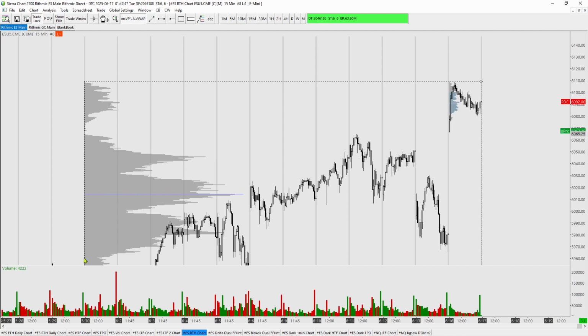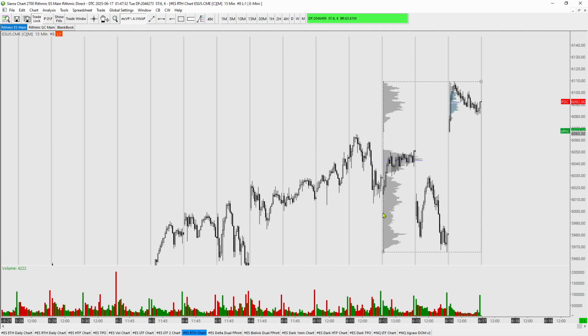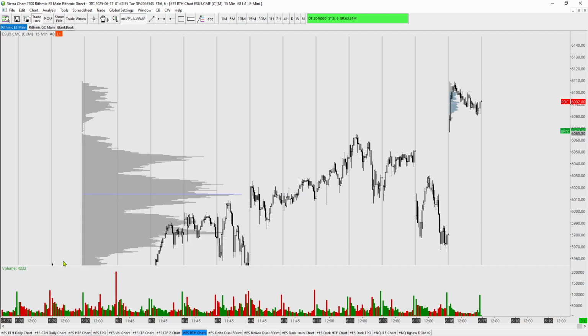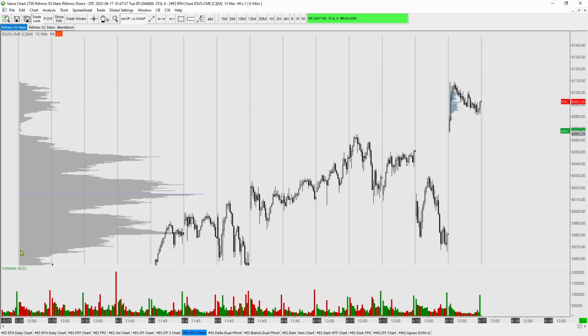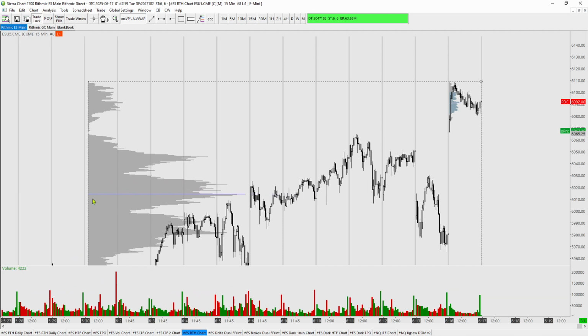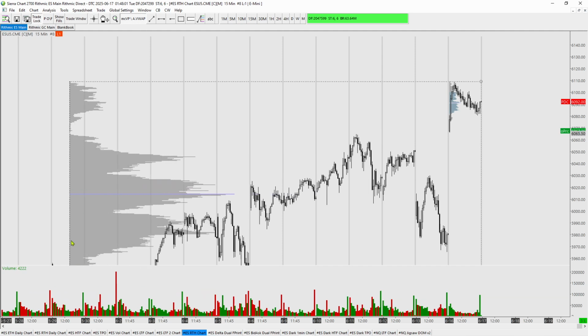If you're confused about why I'm drawing my volume profile where, it doesn't really matter. I'm just trying to encapsulate all of this information, and how far I extend it doesn't matter as much as long as there isn't too much overlapping information.